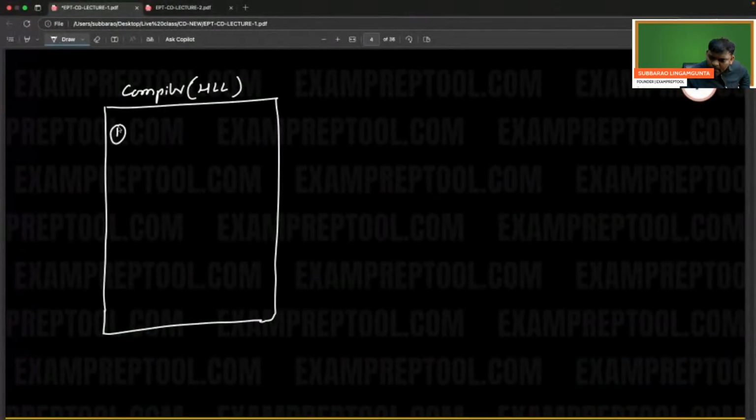Total program is there, so they divide it into some functions. One of the functions is the lexical analyzer. Second one is the syntax analyzer. Third one is the semantic analyzer.